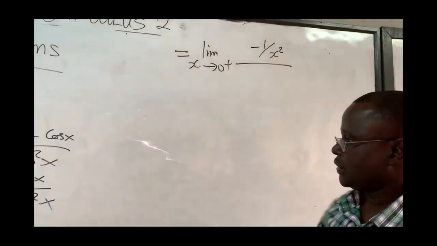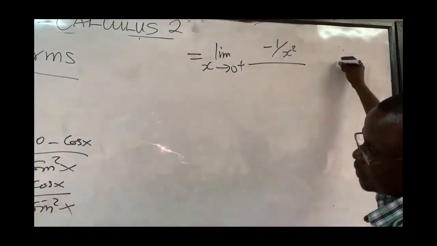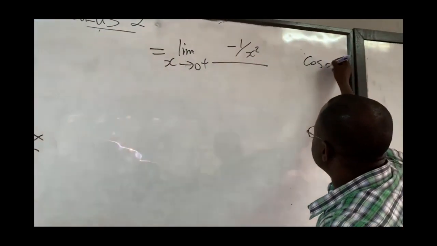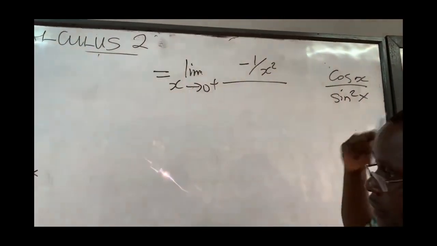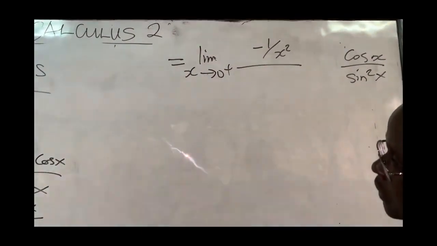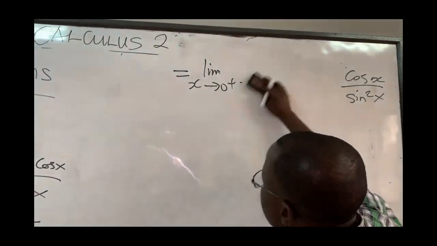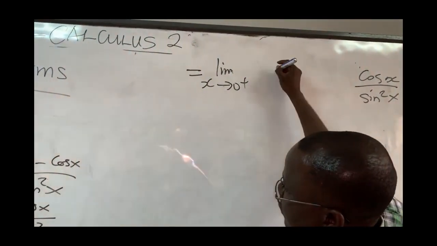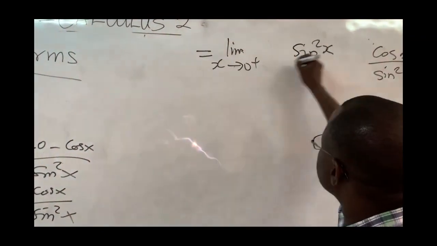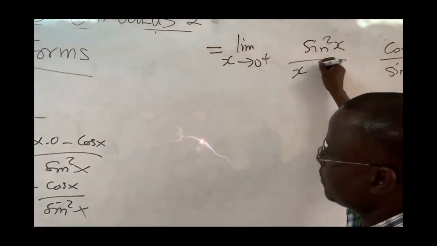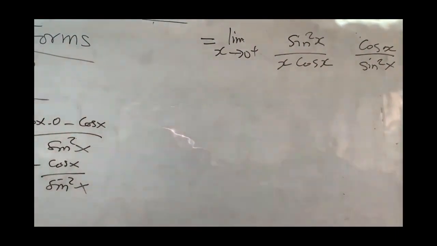What does the bottom give us? Actually, this is cosine of x all over sine squared x. Okay, so hold on. We can rewrite this as 1 over sine squared x all over x cosine of x.